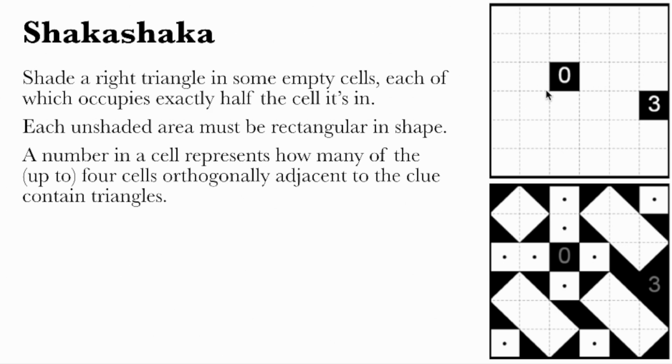The 0 means none of them. Whereas the 3 in this case means all 3 of these. And you can see in the example solution, the 0 has no touching triangles, and the 3 in this cell, there's a triangle in the bottom right corner, here in the top right corner, here in the top right corner. Those are the rules of Shakashaka. So let's solve a puzzle.